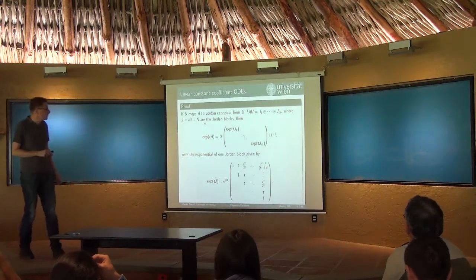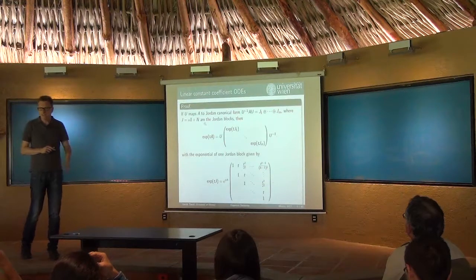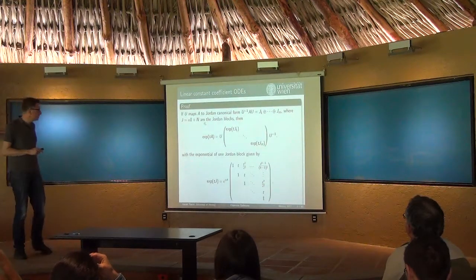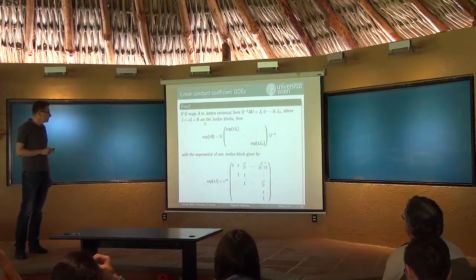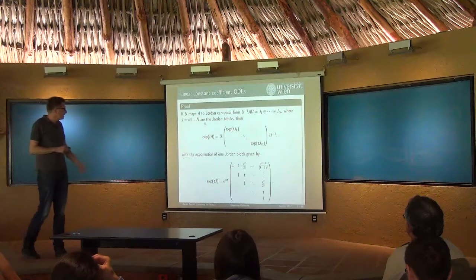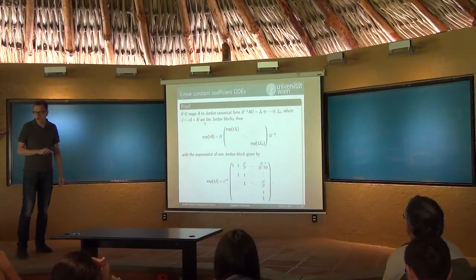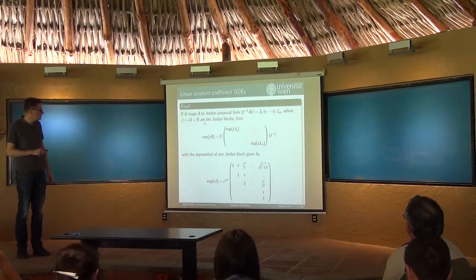And the simplest form in this situation is this block structure, where each block is of this form. You have the eigenvalue on the diagonal, and you have this nilpotent part on the second diagonal. And once you have this structure, you easily can compute the exponential. It just is the exponential of the individual blocks, and for one block, it's also very easy.